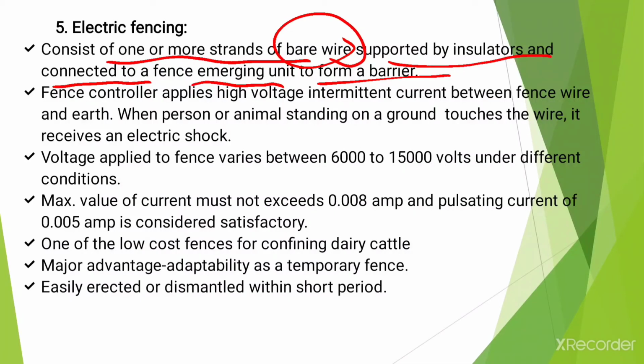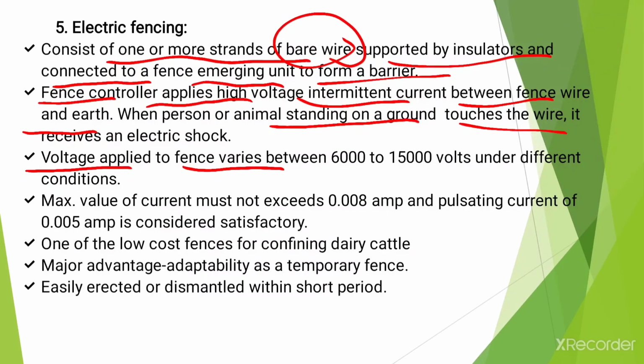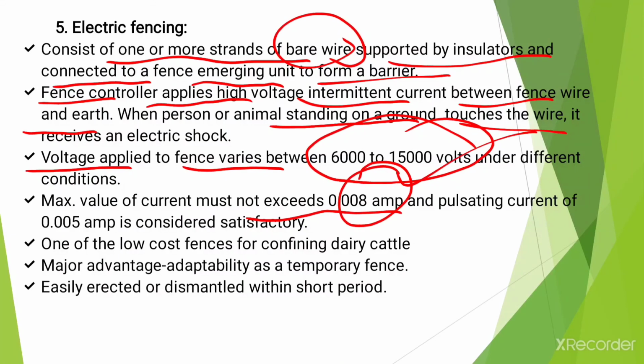The fence controller applies high voltage intermittent current between fence wire and earth, and when a person or animal standing on the ground touches that wire, it receives an electric shock. The voltage applied to the fence varies between 6,000 to 15,000 volts under different conditions, and the maximum value of current must not exceed 0.08 ampere. This is important.